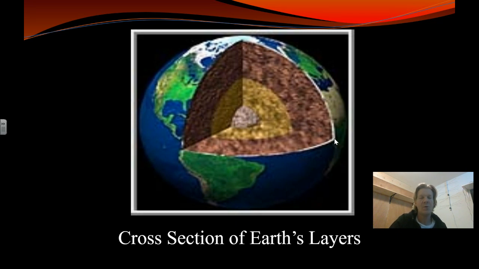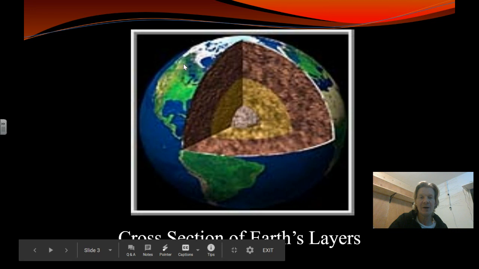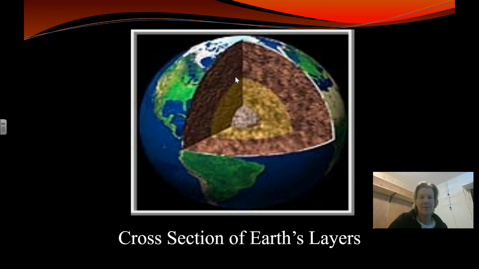If we think of the world like a peach, that would be approximately the thickness of each layer. The fuzz on the outside of the peach would be like our atmosphere. The skin of the peach would be like the crust. The mantle would be like the fruit itself. And the inner and outer core would be like the peach pit. Just something to visualize as we go through this.